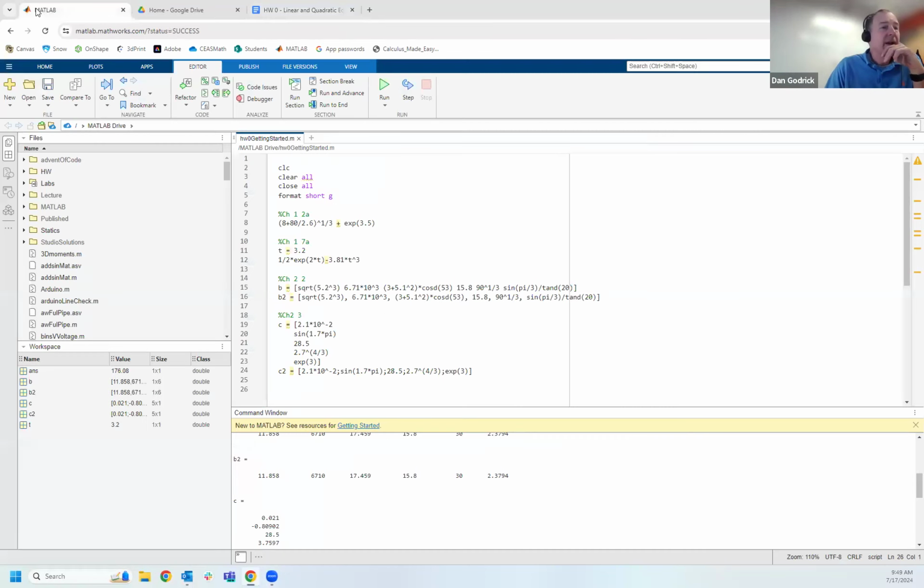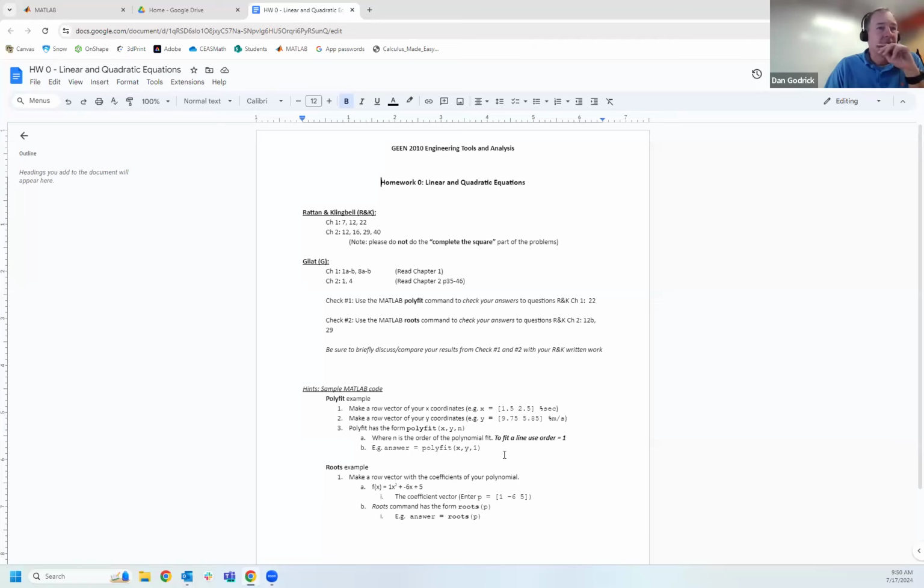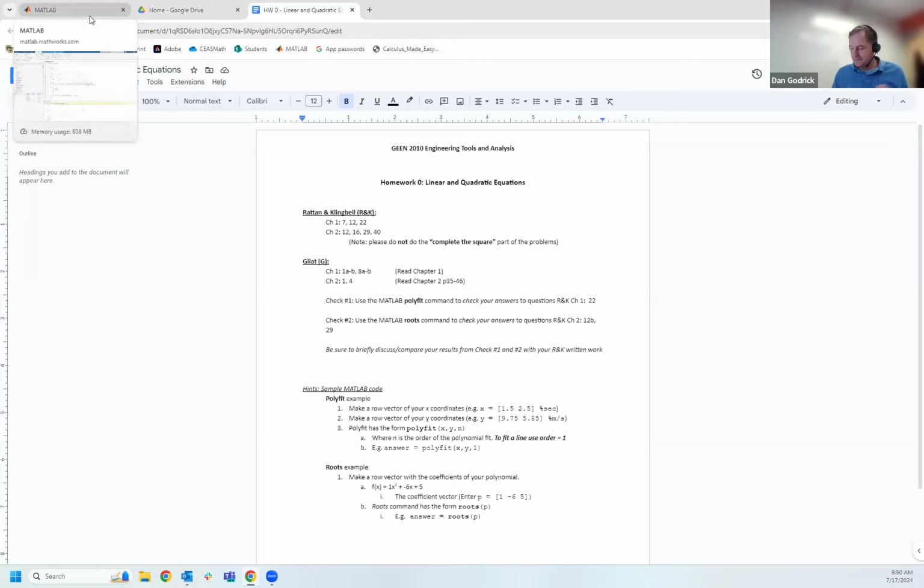We did have some numbers from class, didn't we? The other thing we have is this example. If we have a row vector and our x is 1.5 and 2.5, and our y is 9.75 and 5.85, let's just see how to do this.